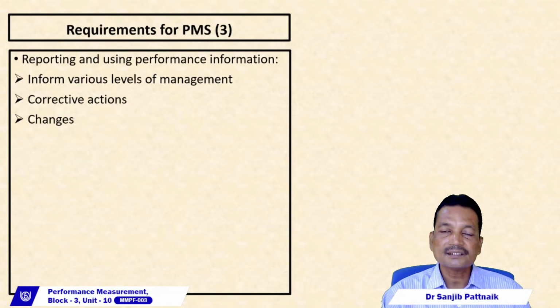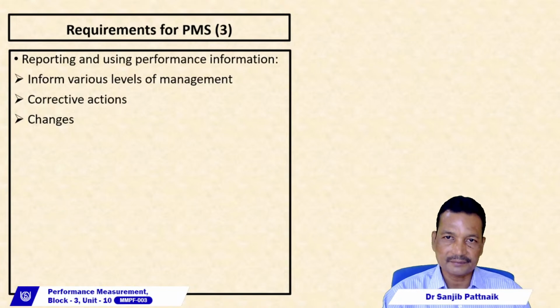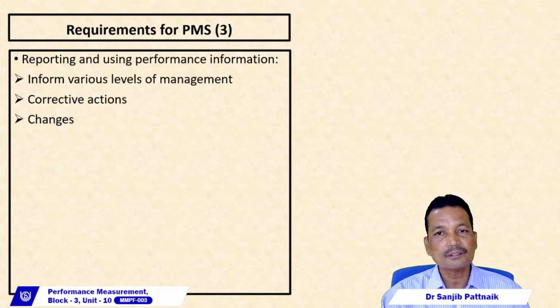Once the results are coming up, that means the performance indicators or the performance measures are conveying certain kinds of results, they should be informed to various levels of management, be it the lower level or the operational ones, the middle level or the executive ones, or the top level management.